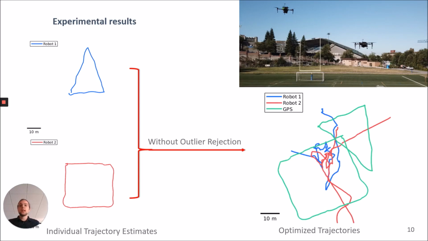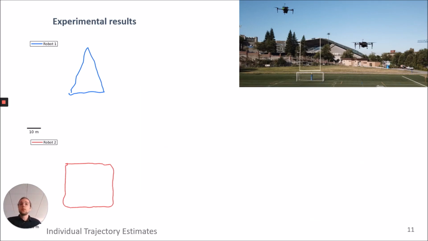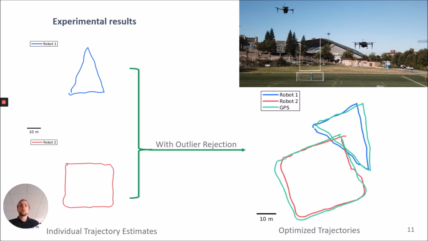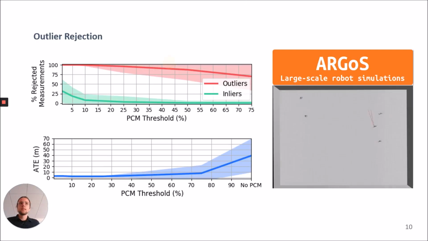The perceptual aliasing problem is clearly visible, since the result is nowhere close to the GPS ground truth. Then, if we try with the outlier rejection mechanism, we can see that the resulting trajectory estimates are much closer to the GPS ground truth in green.